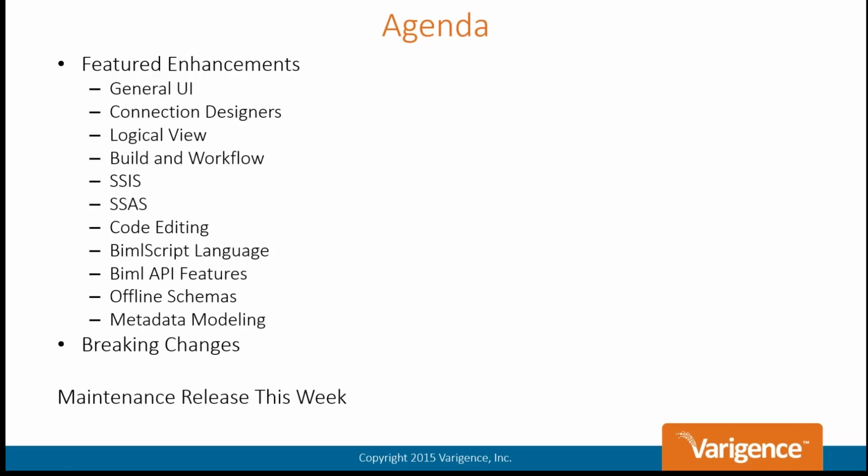Language features in Biml script, API features that make it easier to write your code nuggets, and a code editing experience vastly improved. And then finally, we're going to talk about the metadata features, both the offline schema metadata and the new metadata modeling functionality that makes it a lot easier to build your own metadata repositories on top of a common abstraction methodology.